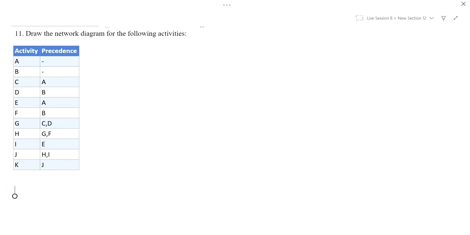So we have the activities A and B, which are not preceded by any activity.